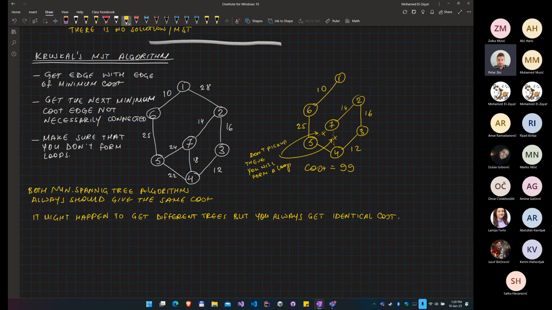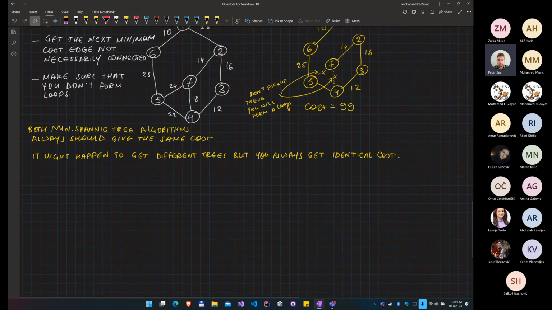Okay. Now, Kruskal's can actually work on a disconnected graph because if you have noticed, I'm not getting the next connected edge, but just the next edge. However, you will not get one spanning tree if you have something like this. So if you have something like this, and you have something like this, you will get actually two of them, right?